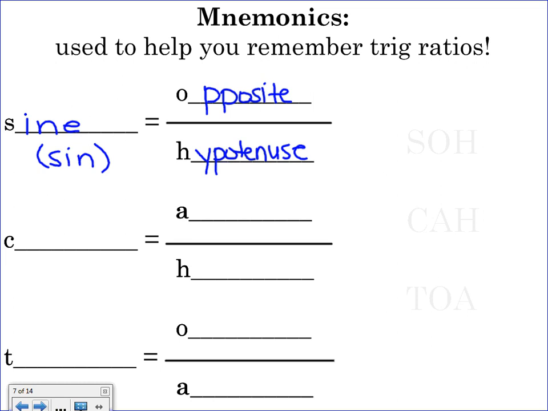The second type of trig ratio we have is cosine, which on your calculators is abbreviated COS. This one is the adjacent leg over the hypotenuse.